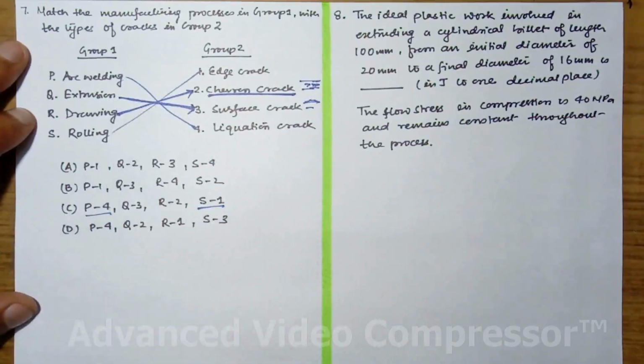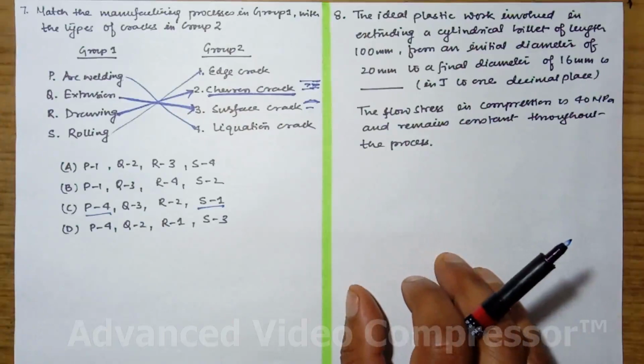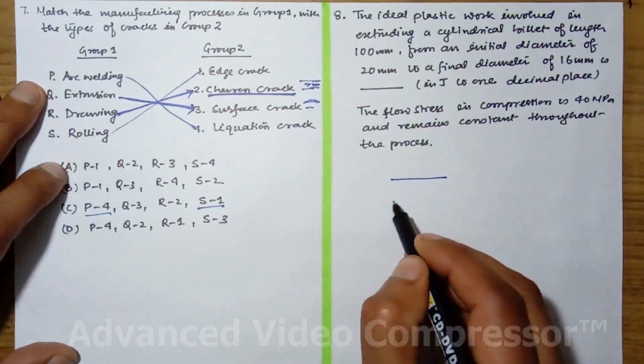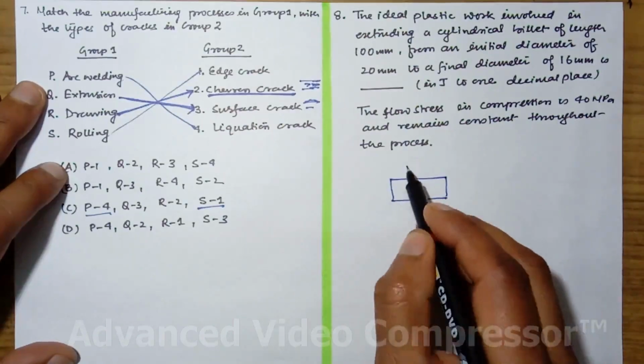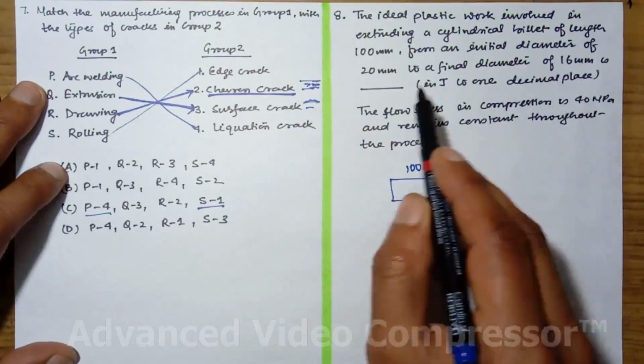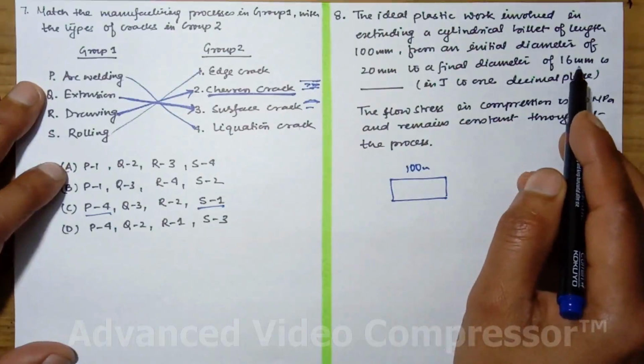Okay. Now, the 8th question is, the ideal plastic work involved in extruding a cylindrical billet of length 100 millimeter from an initial dia of 20 mm to a final dia of 16 mm.